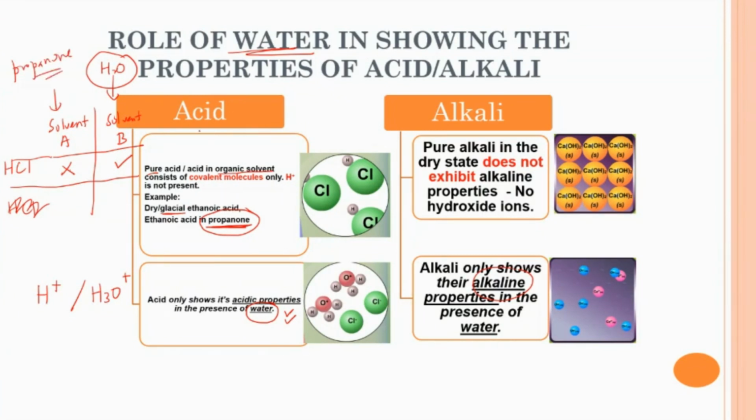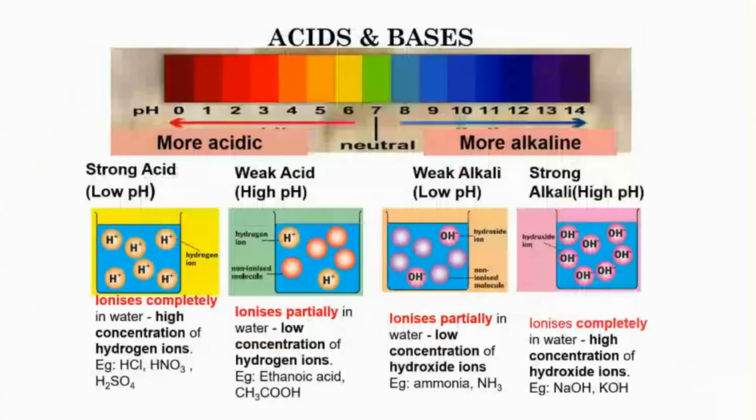So this is how you determine solvent A and B. Very easy concept actually. It is the role of water. Acid or alkali must have the water, then they can show the acidic or alkaline properties.